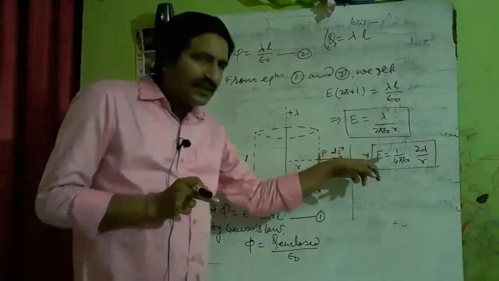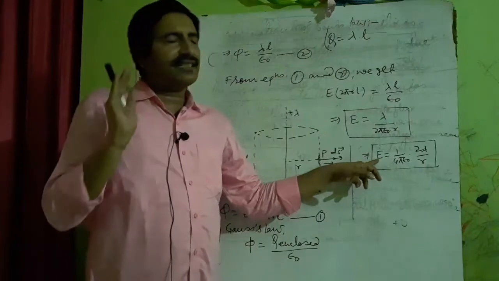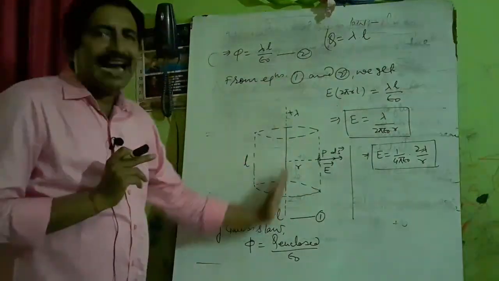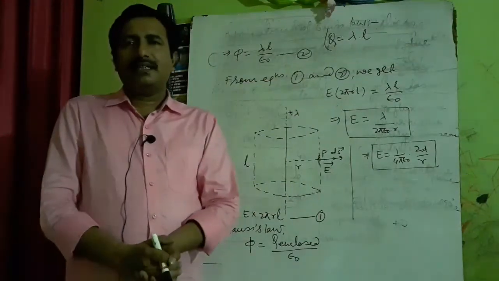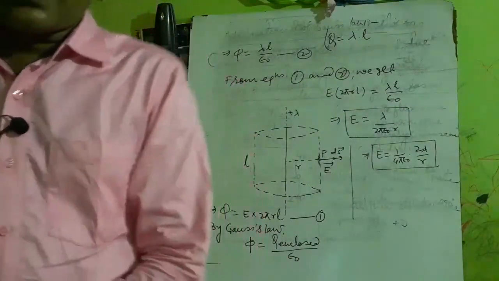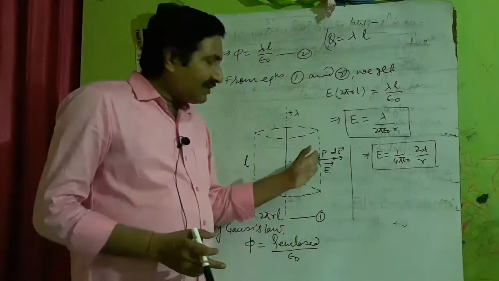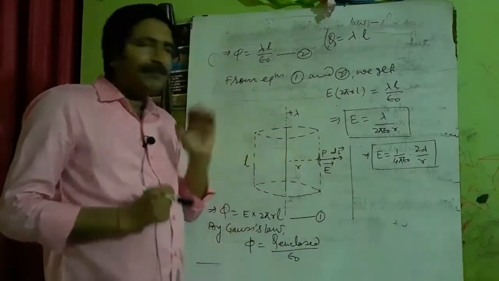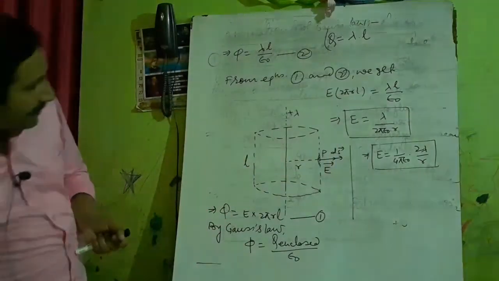Now direction of this field will be decided by checking the nature of the charge on the wire. If the wire is of positive nature, then the field will be away from the wire. If the wire is of negative nature, then the field will be towards the wire.